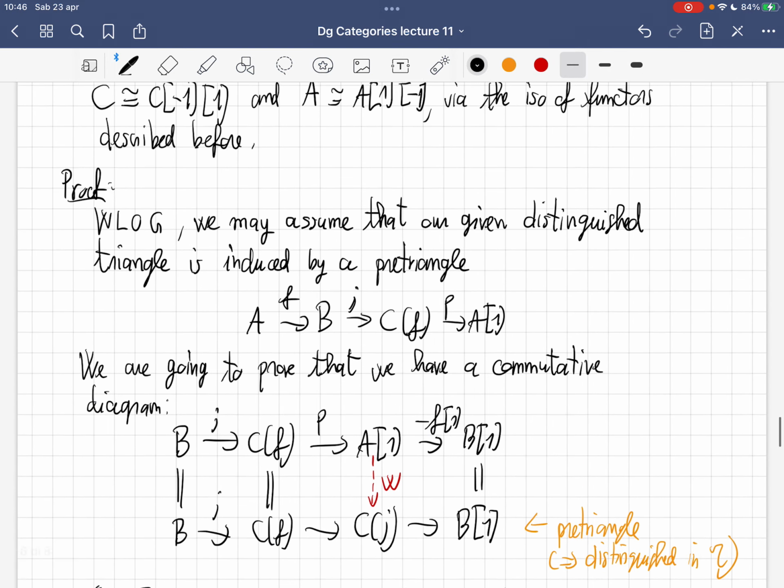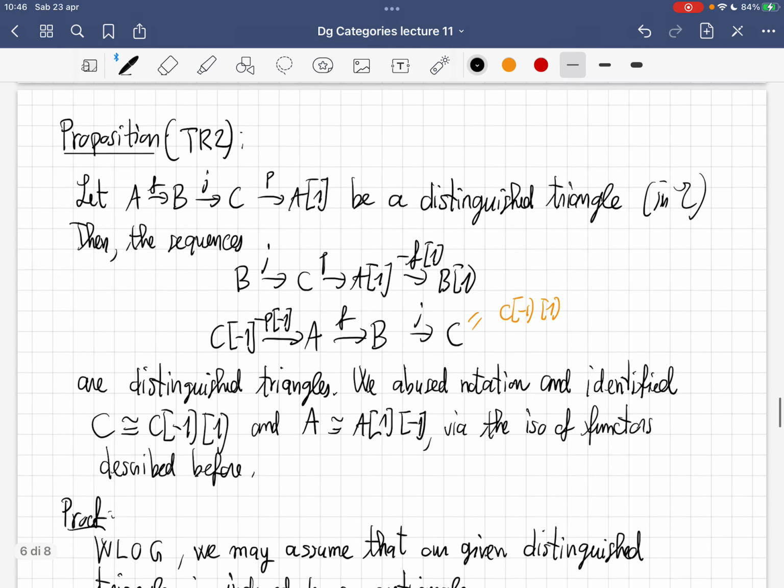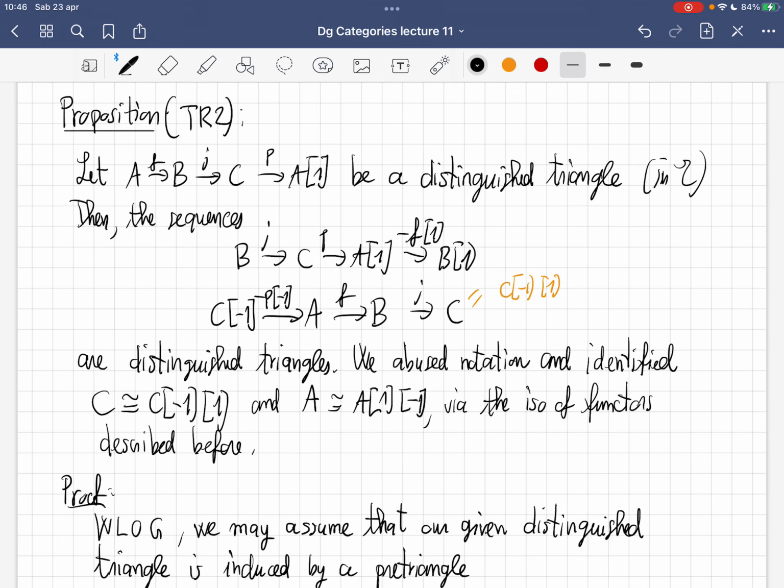Let's look at it again. What you have is sometimes called the rotation axiom. It says that if you have a distinguished triangle, you can rotate it in both directions and still get distinguished triangles. If you remember, when we were dealing with pretriangles and the G modules, I sometimes called this the rotated pretriangle.